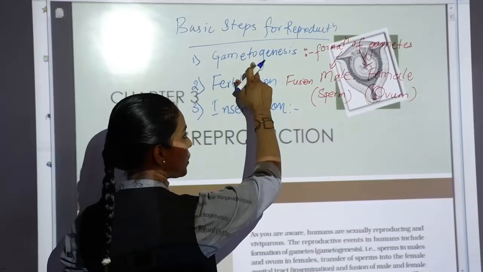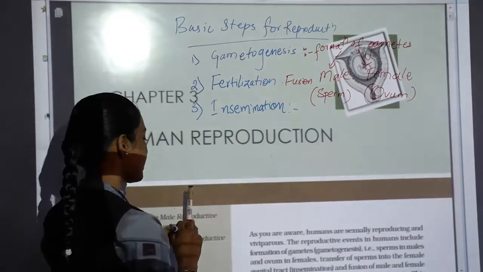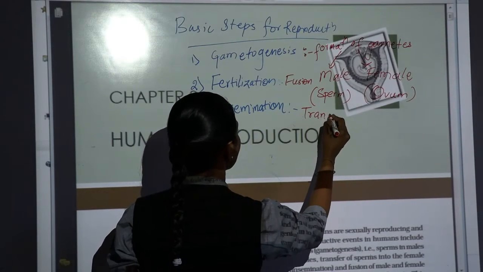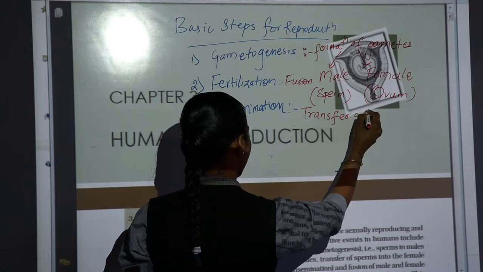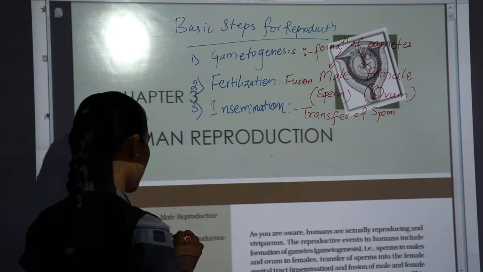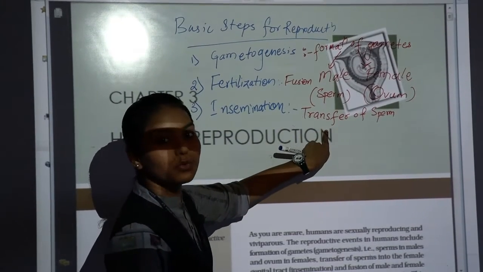Immediately after gametogenesis, the insemination process occurs. Insemination is the transfer of sperms into the female genital tract.